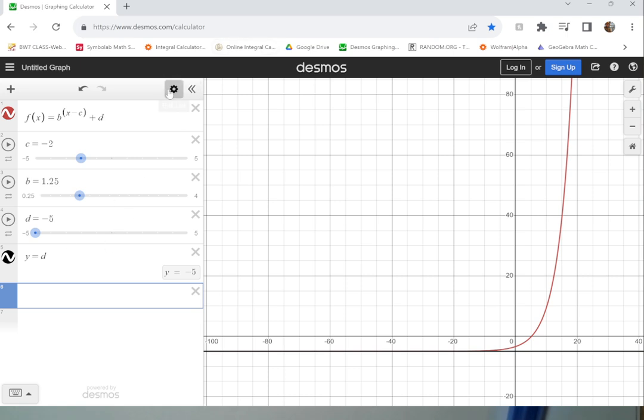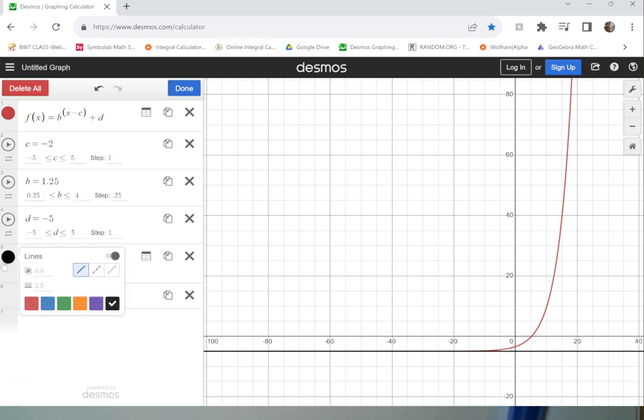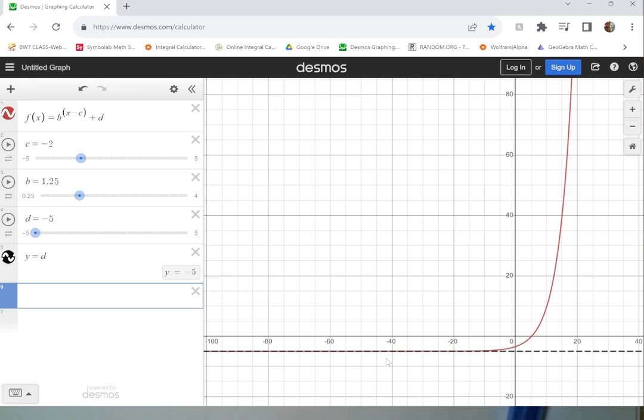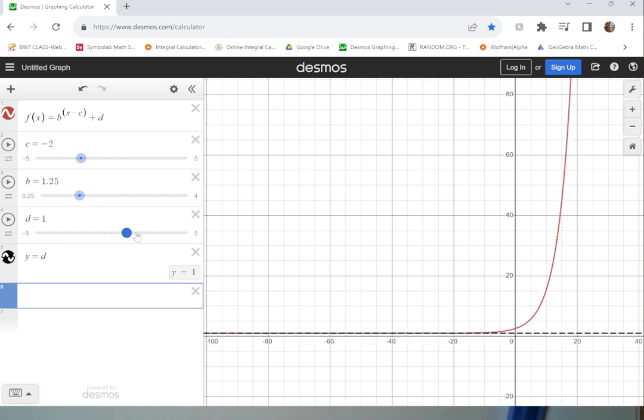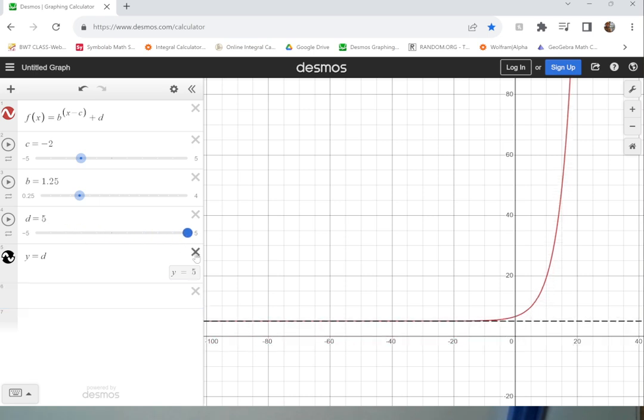Let me change the line here. Okay, so we see here our horizontal asymptote depending on what d is. That would be my new horizontal asymptote.